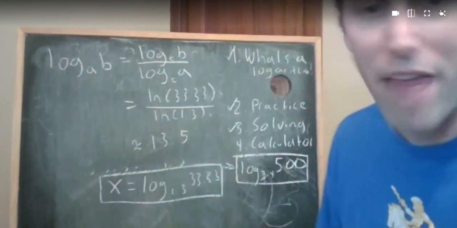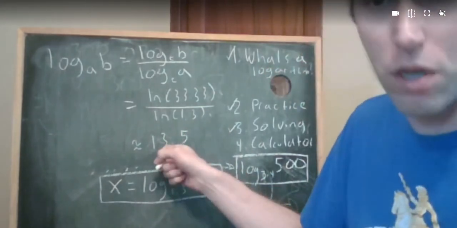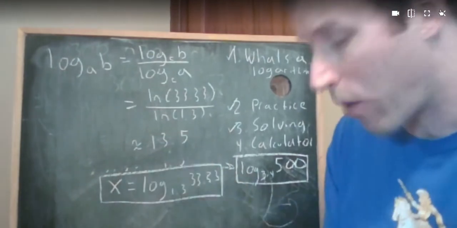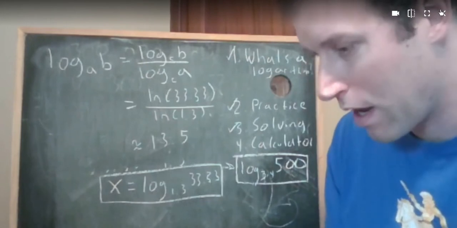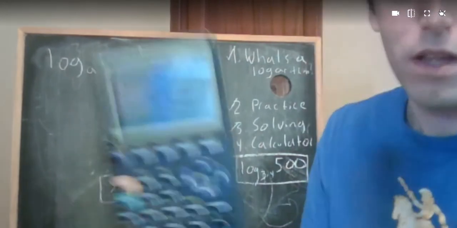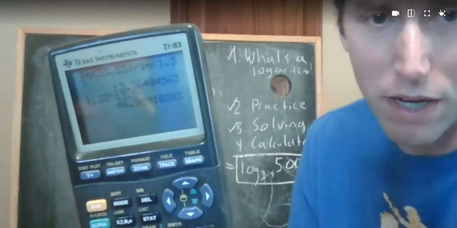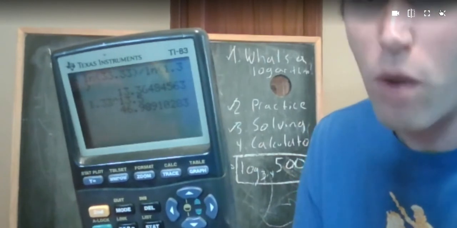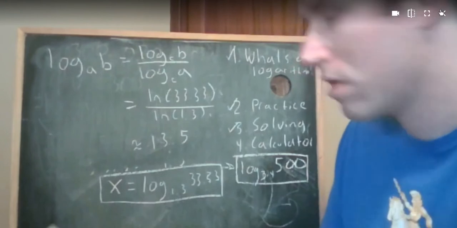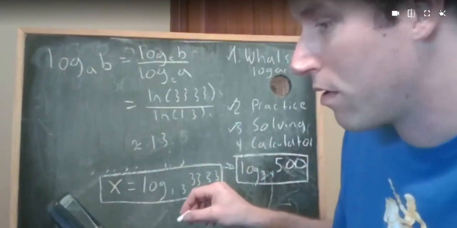Let me check that. That means that 1.3 to the power 13.5 should be right around 33.33. And I get, well, it's actually pretty far off. It's actually 46.7, or closer to 47. That's pretty far off, but you know what? That's because this is not 13.5, it's closer to 13.365.